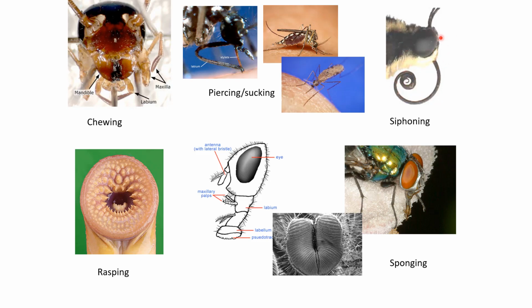Oftentimes we see different butterflies and moths that have co-evolved with certain flowers, so their mouth parts have the exact same length as it takes to get to the base of that flower and get to that nectar. All they need to do is uncoil those mouth parts and probe into that flower and suck out that nectar. So they don't need to pierce into anything necessarily, they just suck it out like a straw.